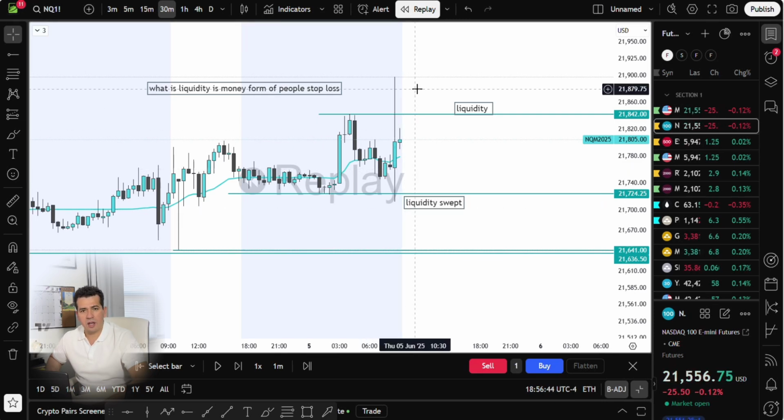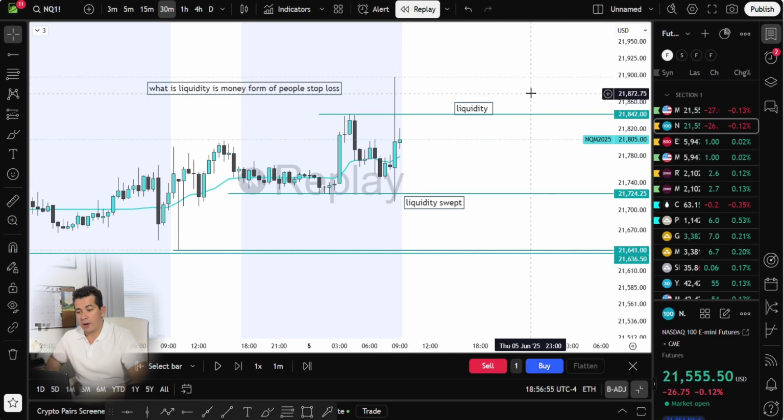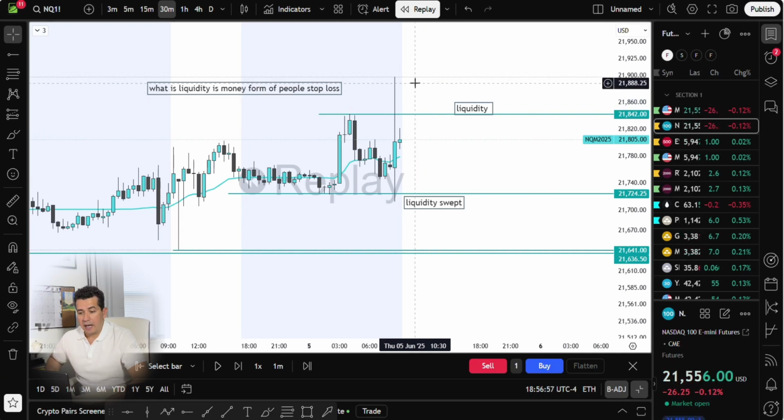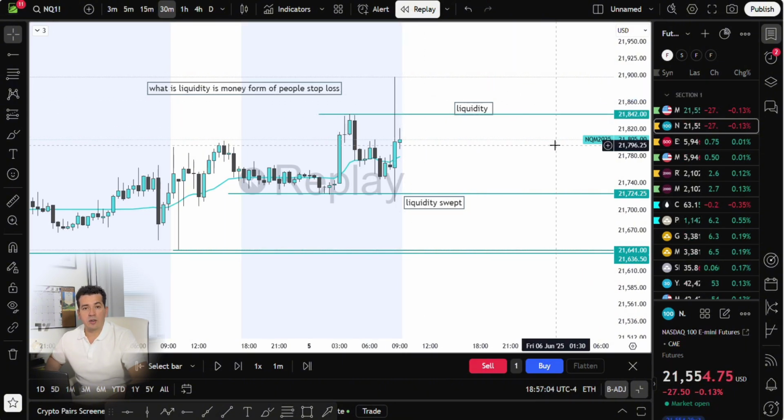So I stay on the side for 10-15 minutes to see what price tries to do, and after, if I see the opportunity to go long, I would take a long, or I take a short, either way, reversal. But I always stay on the side. You want to do the same thing, get the habit to stay on the side, because that could be a loss in a minute and a second.